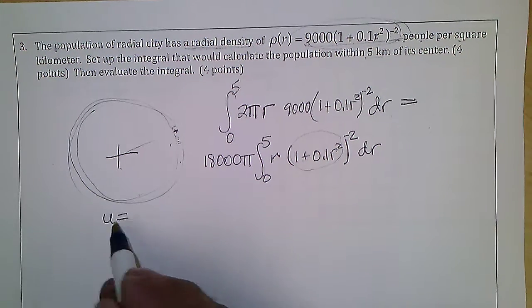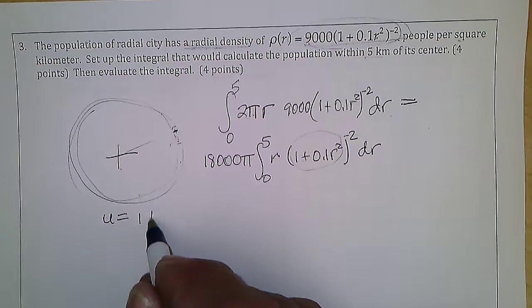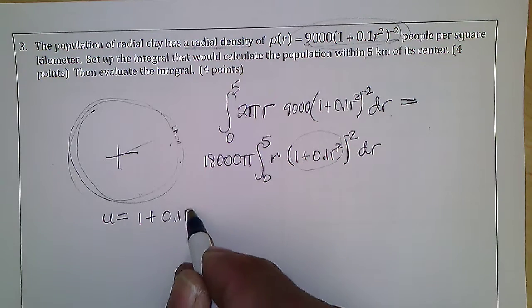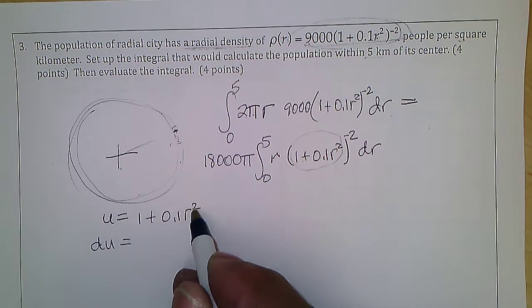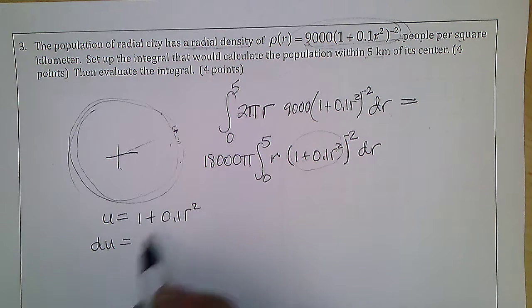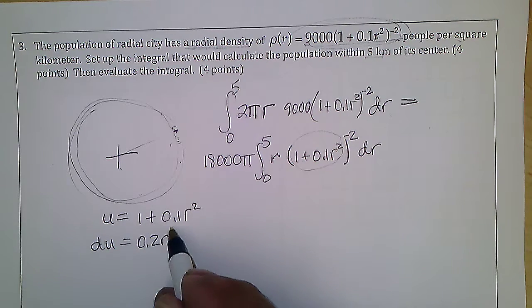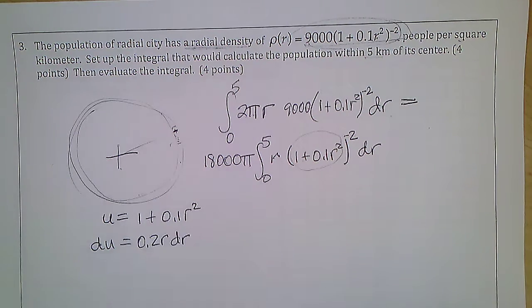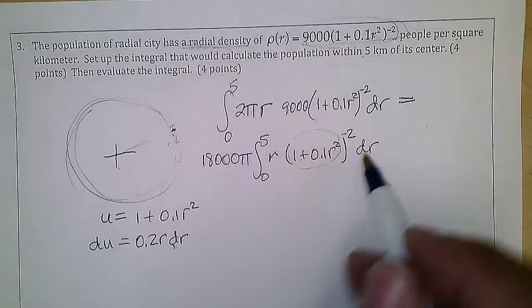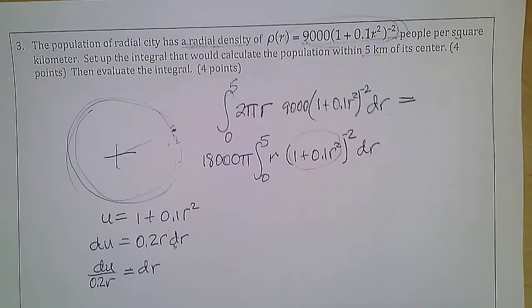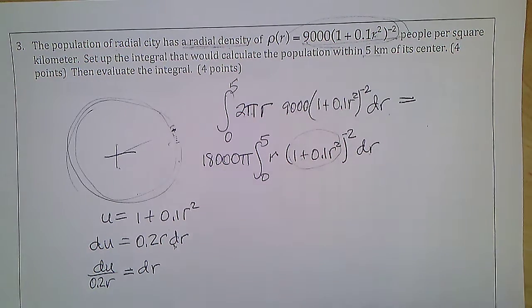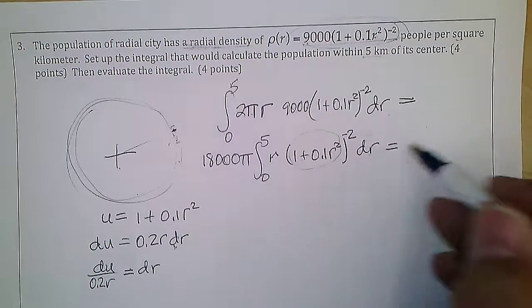So we're going to let u equal 1 plus 0.1 r squared. du would equal, derivative of 1 is 0, derivative of this part would be 2 times that, r to the 1 dr. Solving for dr so that we can substitute it, we'll be dividing by that. So du over 0.2 r equals dr.